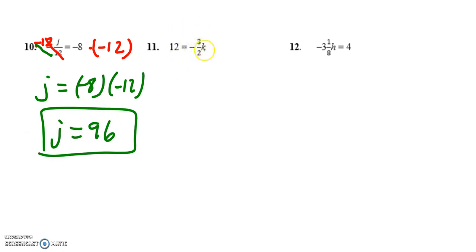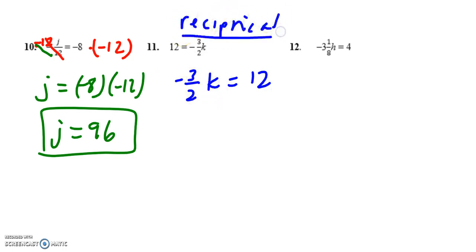The next example, again, I'm just going to flip it because I see it easier this way. -3/2 k equals 12. And here we are multiplying a fraction, so the idea of the reciprocal might come back to help us. My goal is to get k alone, and so let's think reciprocal.